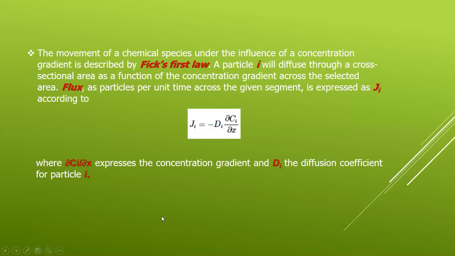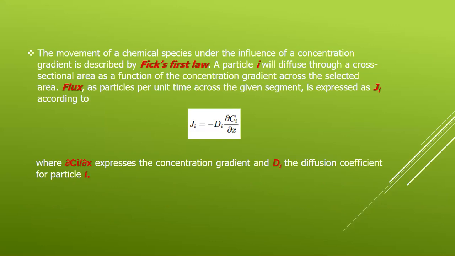Now, the movement of the chemical species in the case of diffusion is described by Fick's law. There are actually two laws under Fick's law, but even in unit operations we only use the first of the two laws.